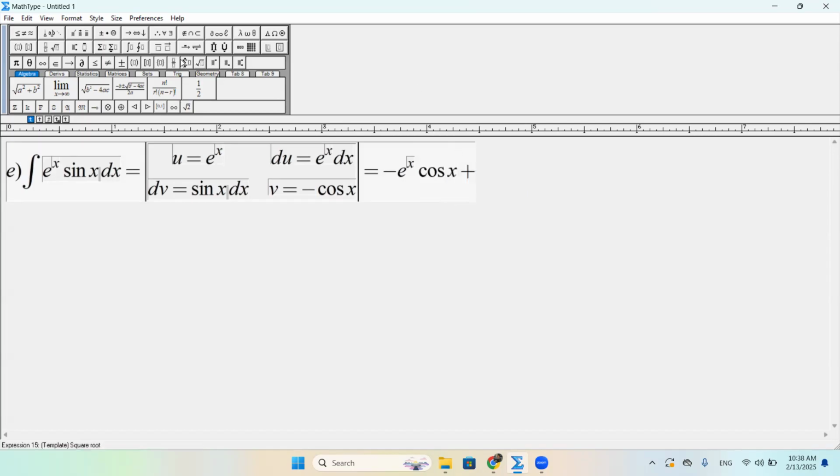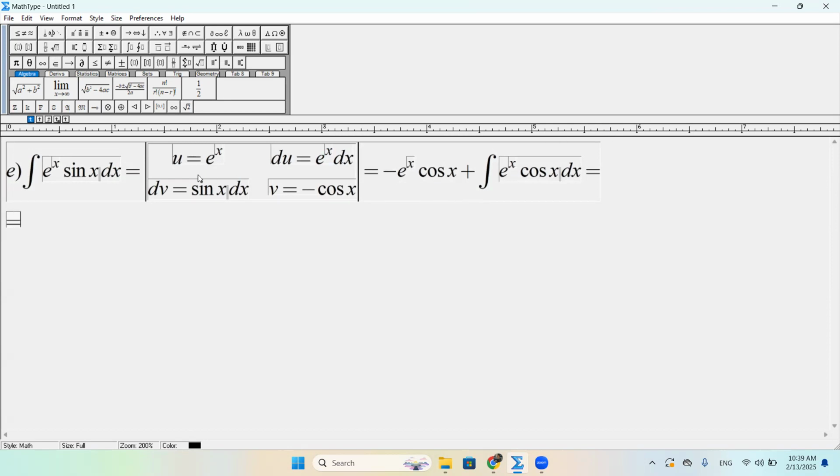So plus the following integral: e to the power of x cosine of x dx. Again, we need to use integration by parts.